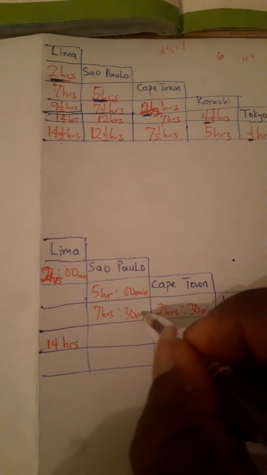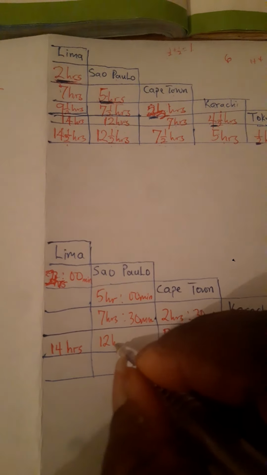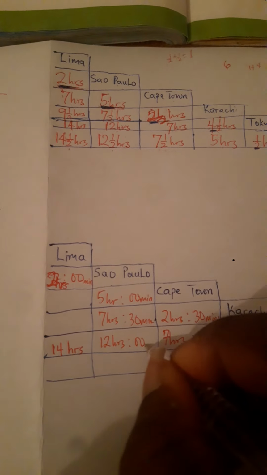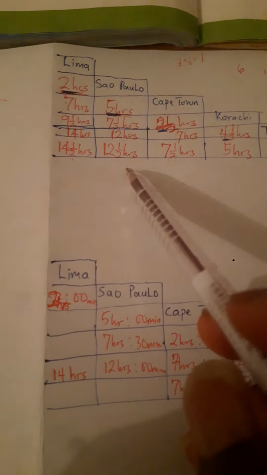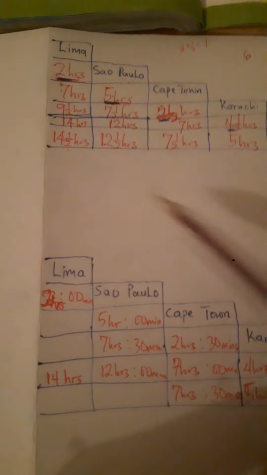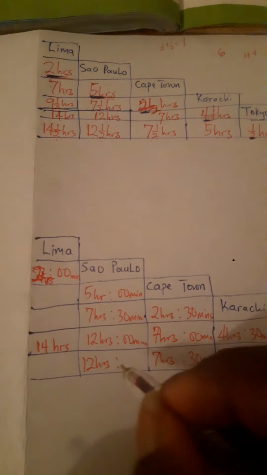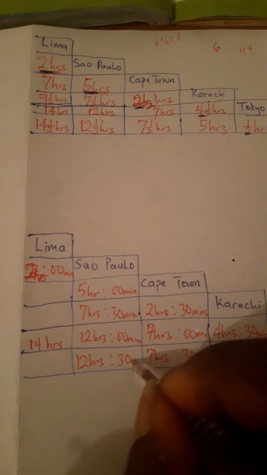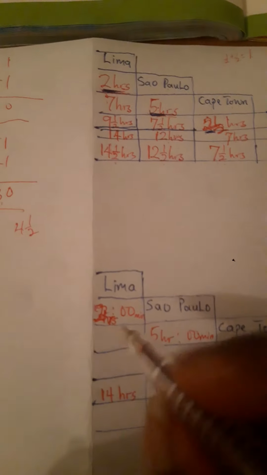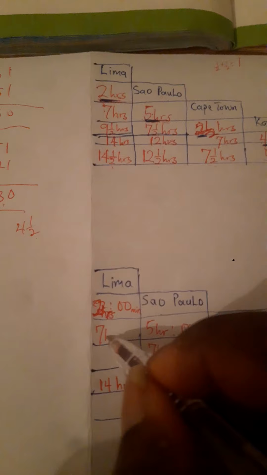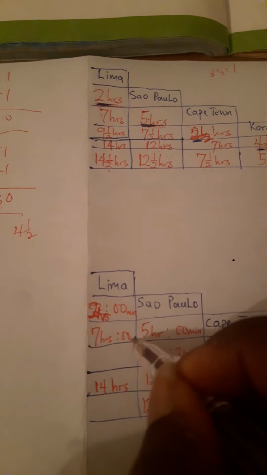30 minutes. Here is 12 hours. So I have 12 hours, 00 minutes. Okay. Here is what? 12.5 hours. So I have 12 hours and half. Half means what? 30 minutes. Okay, here is 7 hours. So here is 7 hours, 00 minutes. Here is 9.5 hours.